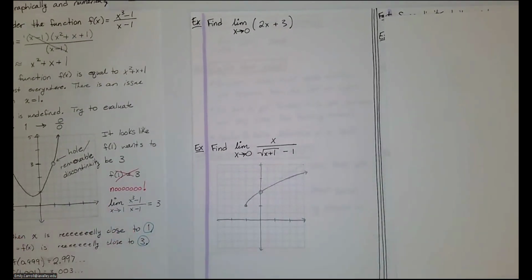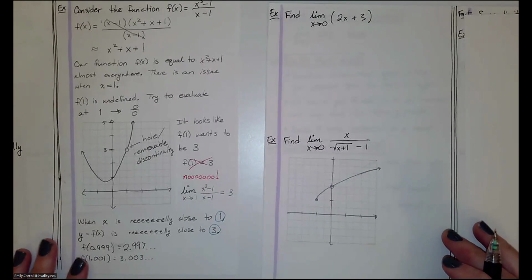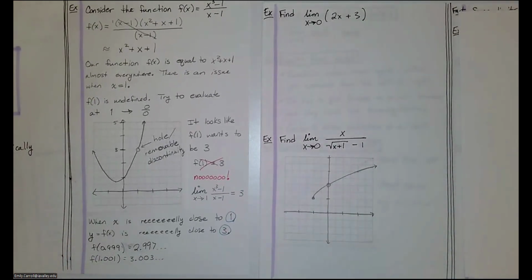How about let's find the limit as x goes to 0 of 2x plus 3. This is a trick question in a way that, well, I don't need this fancy schmancy limit business to talk about this. I already know what happens at 0. I learned that a couple years ago.